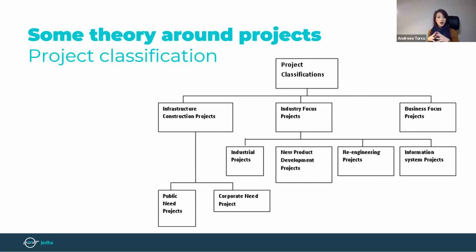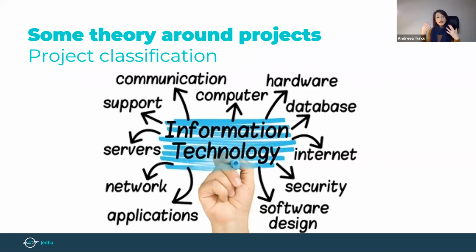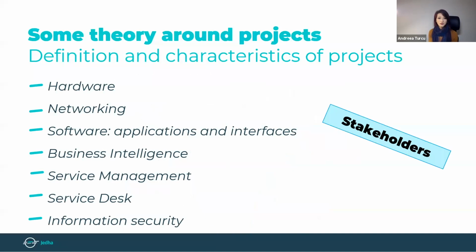Furthermore, if we go deeper on the industry-focused projects, we can observe that sometimes there will be a sort of IT component to be taken into consideration while initiating new projects, whether they are at a developmental stage or in a re-engineering phase. This is where data science and machine learning projects can be found, and although all projects in all sectors have their challenges, there are some unique considerations for IT projects.